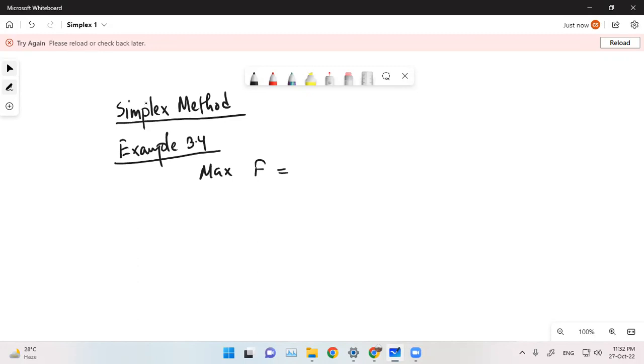So now the function that has been given: maximize F equals x1 plus 2x2 plus x3, subject to the constraints. The first is x1 plus x2 minus x3 is less than or equal to 2.